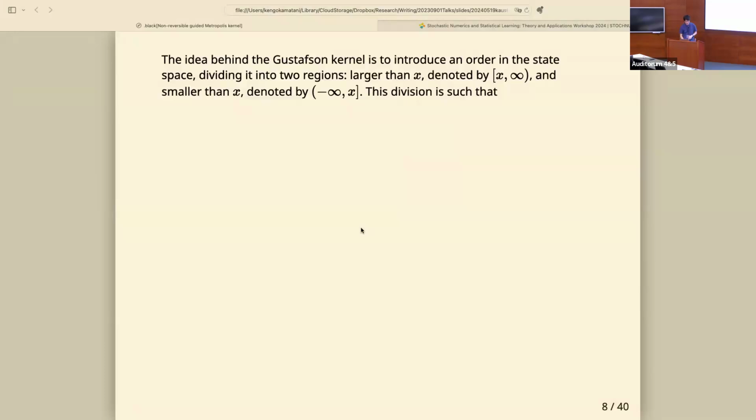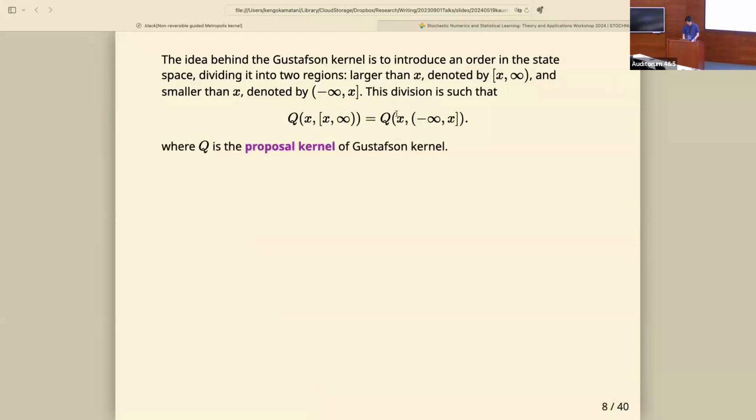So for any state X, we divide the space into big and small. We can do the same for the multidimensional case, but it's not easy. We also have to assume this condition. Without this condition, we would have to change the original MCMC drastically, and we don't want to do that. We want to keep the original MCMC structure very simple.